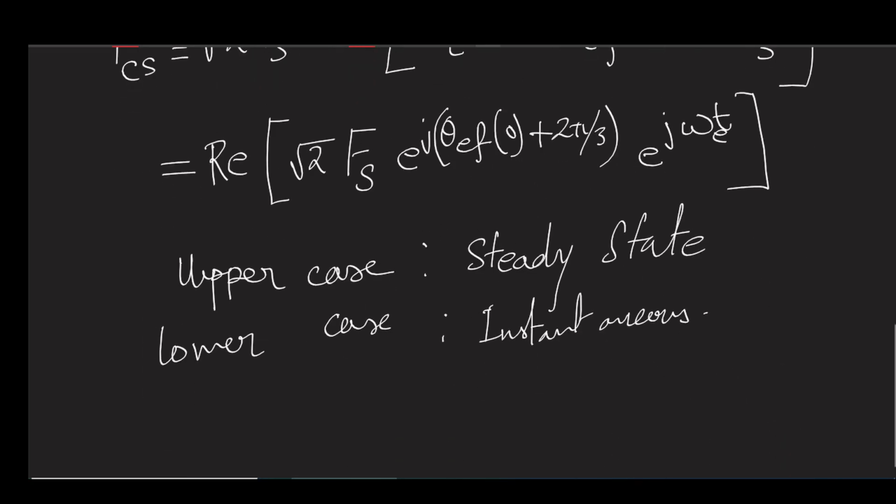Now this Fs indicates, if As is equal to Fs e to the power j theta_ef0. Now, if omega is not equal to omega_e, then fqs and fds are sinusoidal quantities.